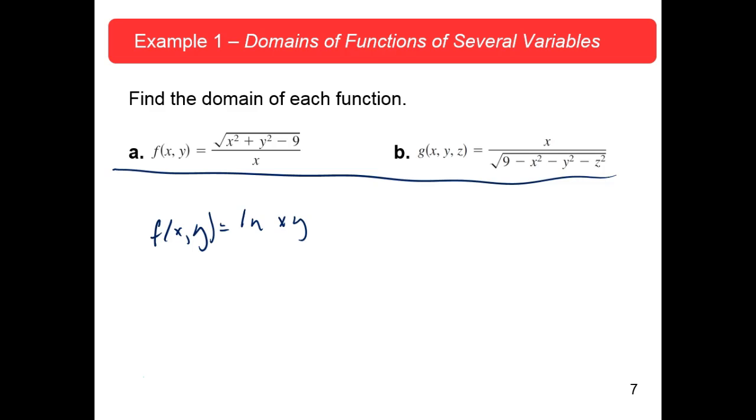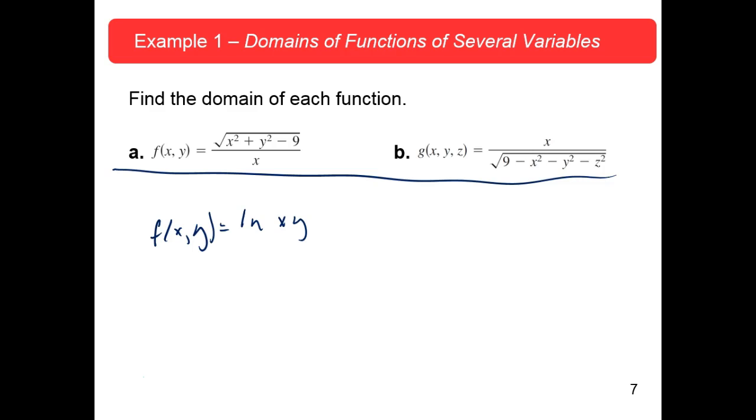Now, x can be negative if y is negative, because the product would be positive, and you can take the log of a positive number. Or if x and y are both positive. So the domain is the first quadrant or the third quadrant, but you can't be on either axis, because then x or y would be 0.